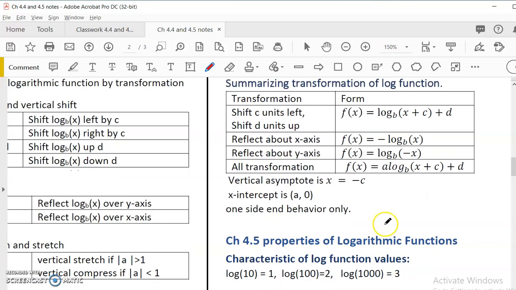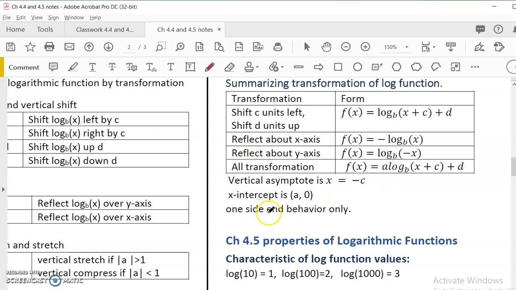The only time you move the vertical asymptote is if you move inside left and right, so the vertical asymptote is always x equal to negative c. And the x-intercept is a comma 0. If you have an a, then it's log base b, a comma 0? Yes, a comma 0, because if x is equal to 1, then you have a.